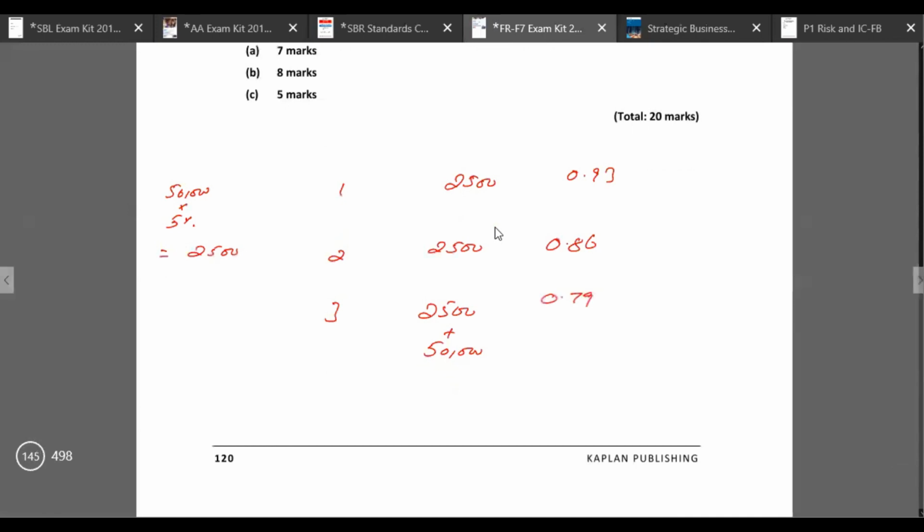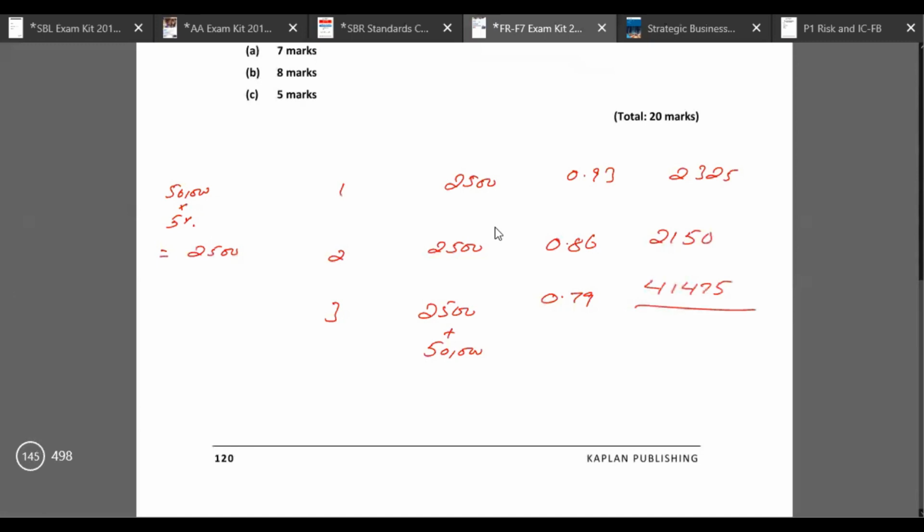So 2,500 into 0.93, it gives you 2,325. 2,500 into 0.86, it gives you 2,150. Then 2,500 plus 50,000 into 0.79, it gives you 4,175.